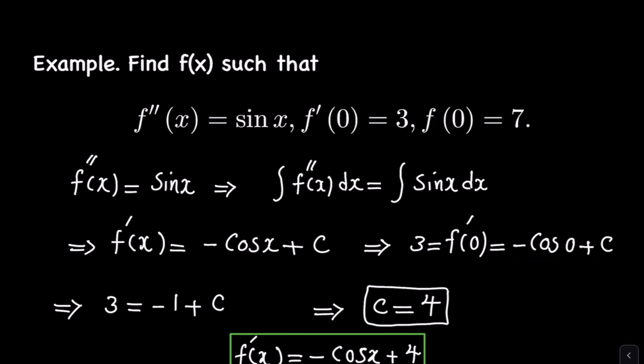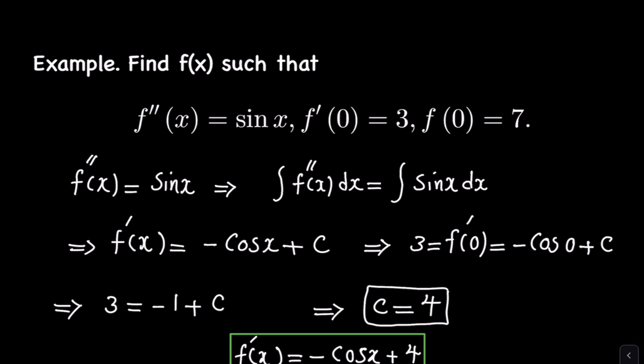You have 3 equals f prime of 0, which is given. And keep in mind that cosine of 0 is 1. So you will get 3 equals minus 1 plus c. If you solve for c, you will get c equals 4. So if you go back to this formula for f prime and substitute c by 4, you're going to get this formula for f prime.